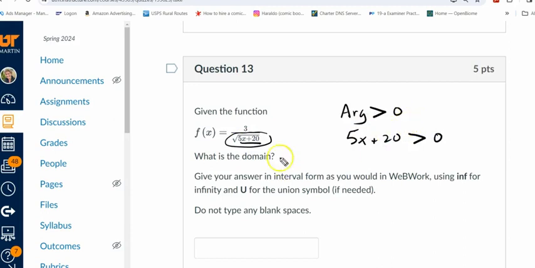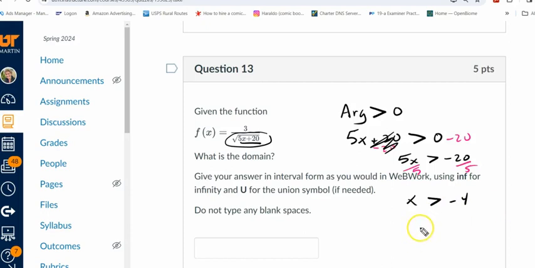It's not allowed to be 0, because then you'd have 0 on the bottom, and we can't have that. So I have to rewrite this in terms of x. I'm going to subtract 20 from both sides, and when I do that, I'm going to have 5x is strictly greater than 0 minus 20. And then divide both sides by 5, and I'm going to get x is strictly greater than negative 4.